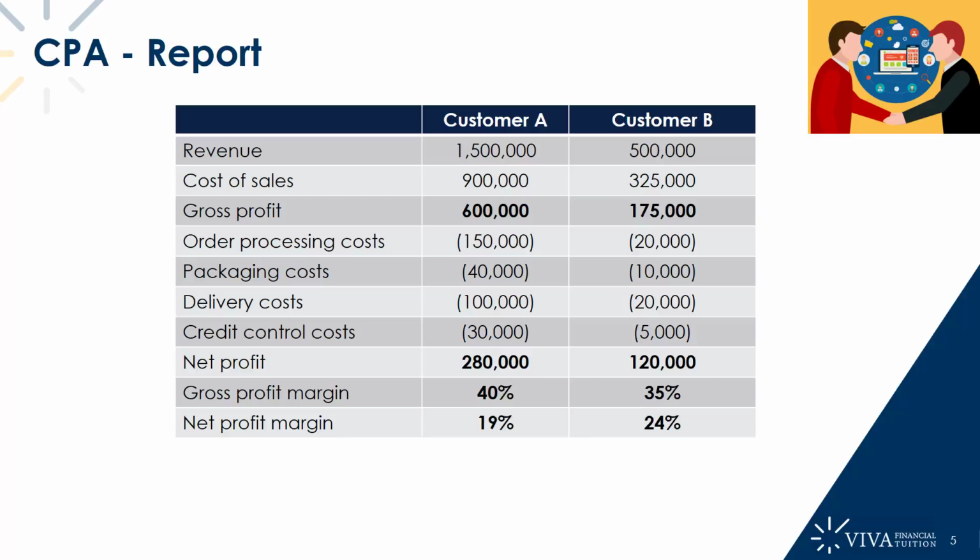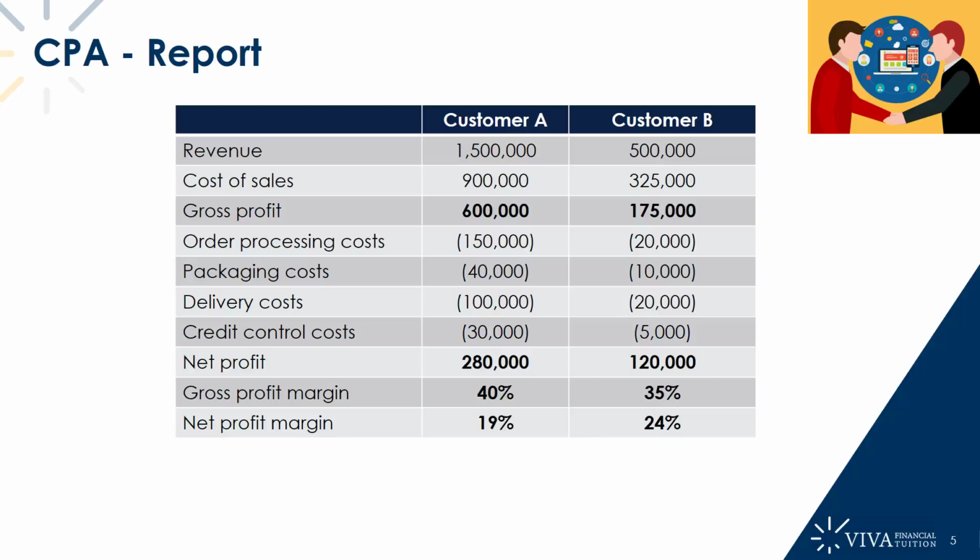Now, the example we see here on screen, again, very much is under the guise of a manufacturing business. But what we can see here is we've got customer A generating a gross profit of 600,000, much, much larger than the one generated on customer B, because customer B is much smaller. They only generate a third of the revenue and actually only come out at a gross profit of 175,000.